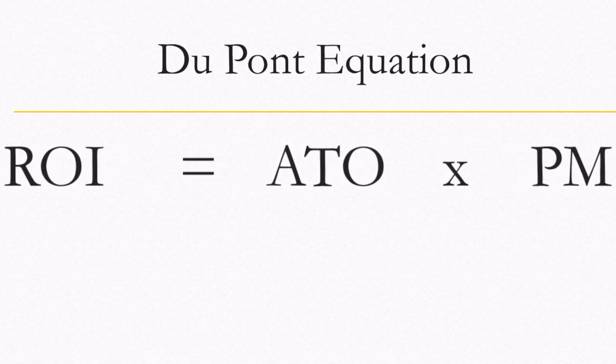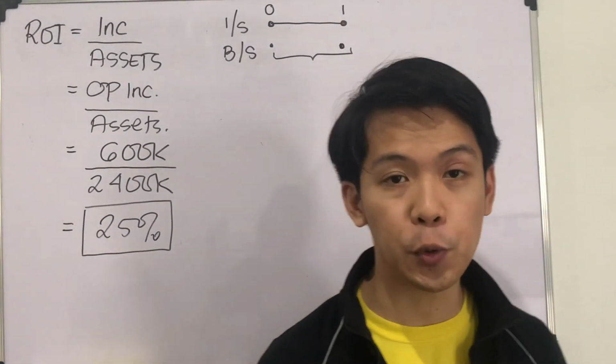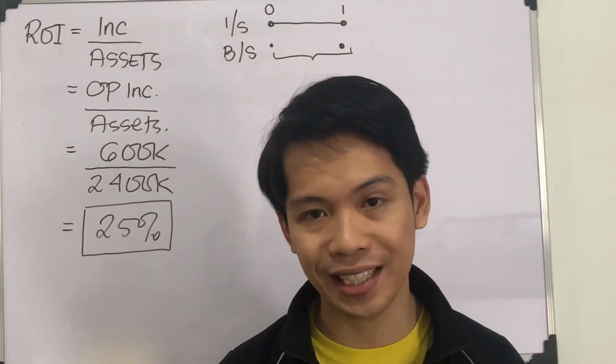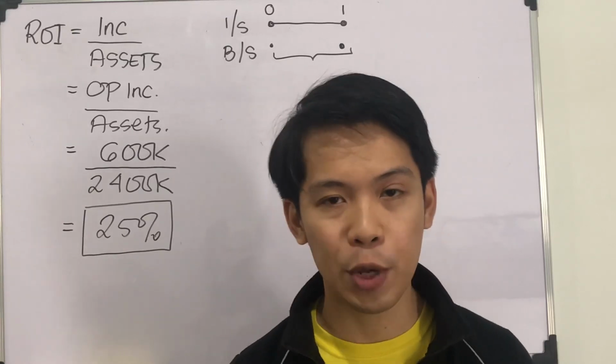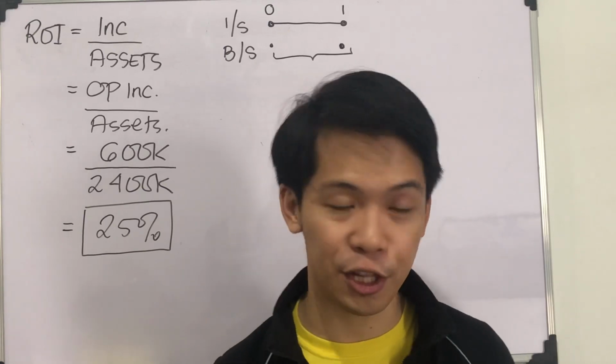Actually, this would at the end mean the same, as asset turnover is equal to sales revenue divided by investment, and profit margin is equal to income divided by sales revenue. You would basically have the same equation if you're going to look at the original formula. Just cancel out the sales revenue figures. We will have an alternative calculation of the ROI, that is the DuPont equation.